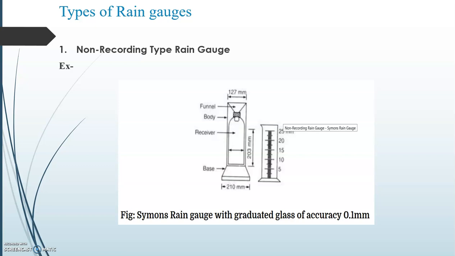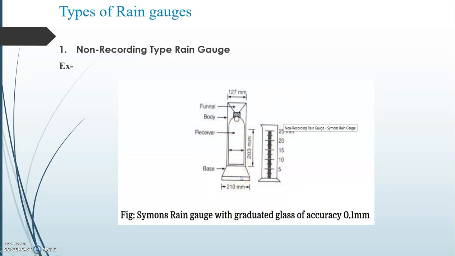We'll start with the non-recording type rain gauge. The example is Simon's rain gauge. You can see here, this one is the Simon's rain gauge. The non-recording type rain gauge is the most common and it is very simple. In this non-recording rain gauge, I will explain these parts.